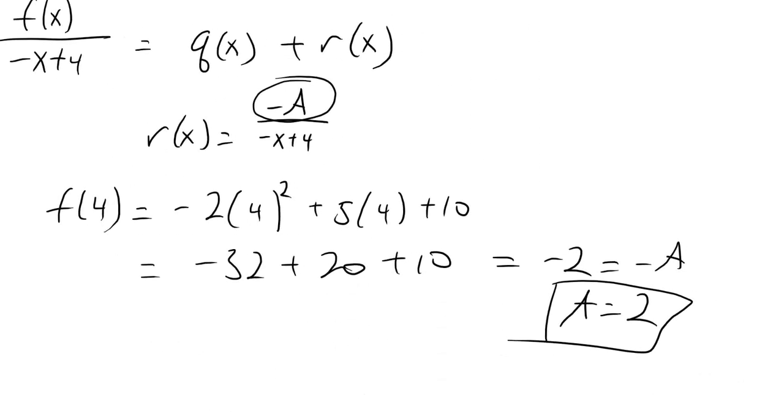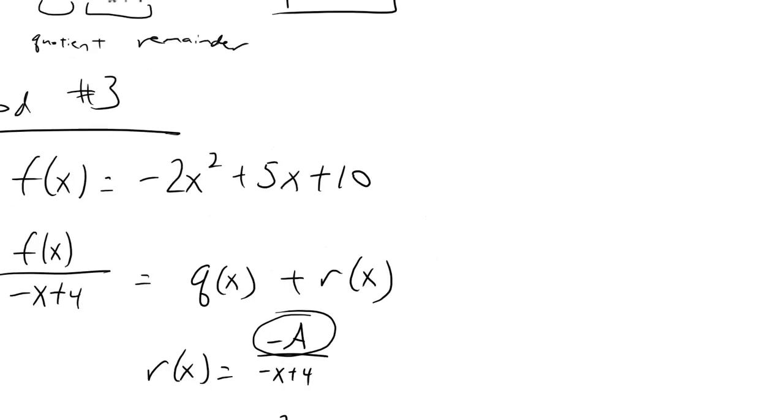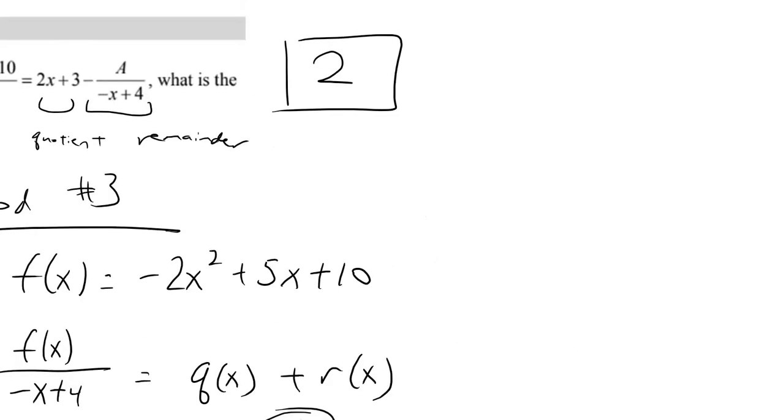You use that theorem where you plug in the point where that factor becomes 0, in this case when x is equal to 4, because there will be a 0 on the bottom. So negative 2 would be your remainder, and therefore, because of the negative a over here, once again, a is equal to 2.